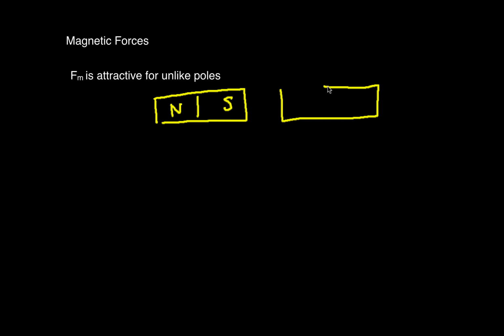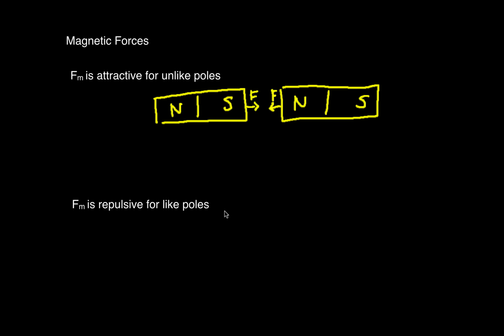Magnetic forces. The magnetic force is attractive for unlike poles. So if you have a south and north pole of a magnet near each other, they will be attracted to each other.